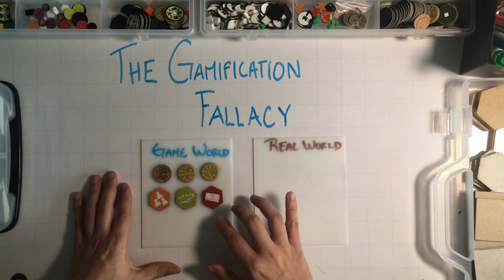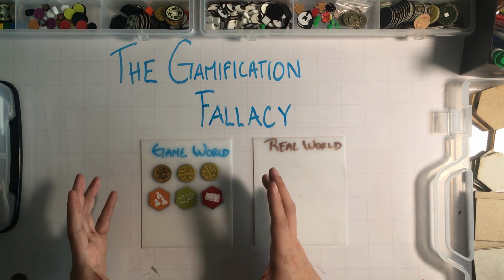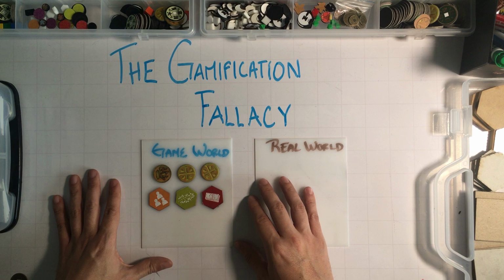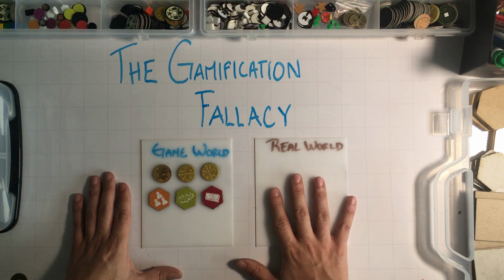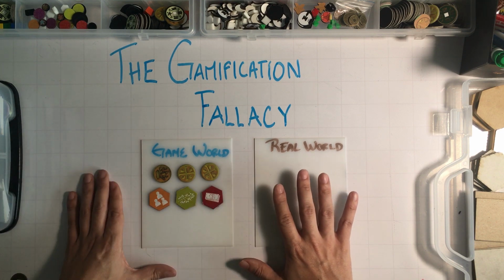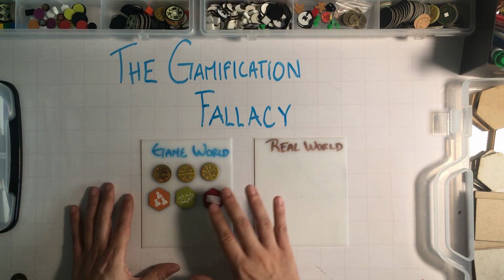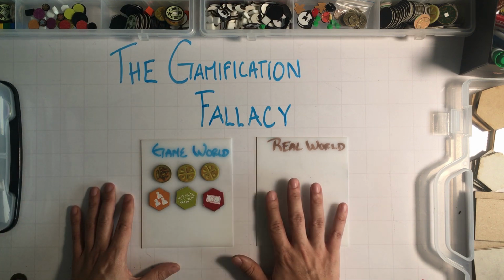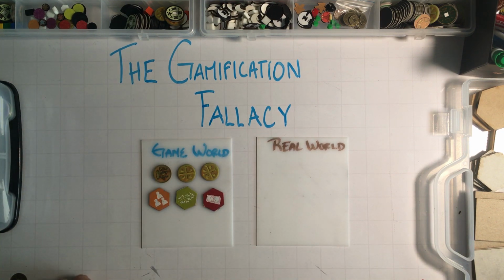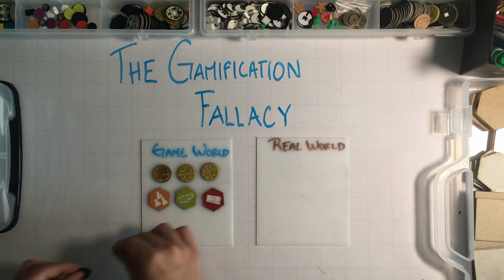Badges, of course, are an integral part of the game world experience right now and are really important in terms of gamification design for a lot of things. So this is another part of the game world that we're trying to bring to the real world according to gamification. And the other aspect is leaderboards.